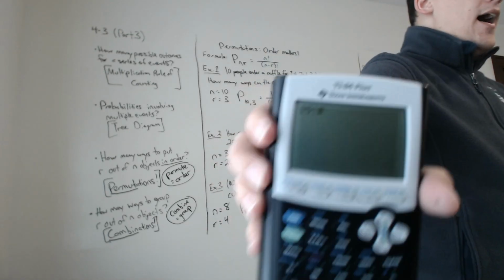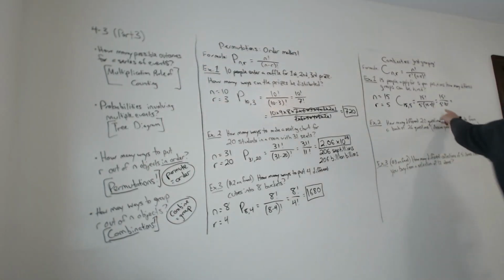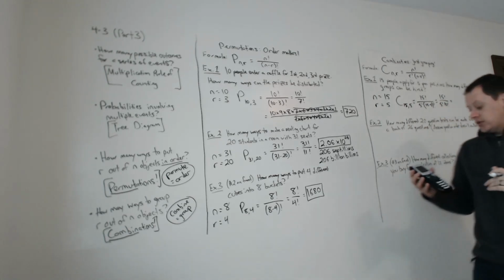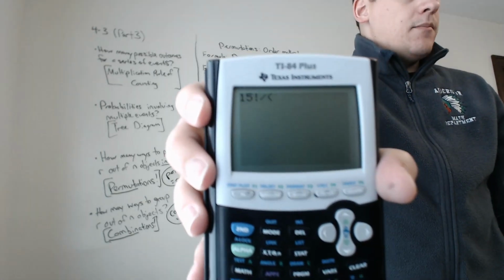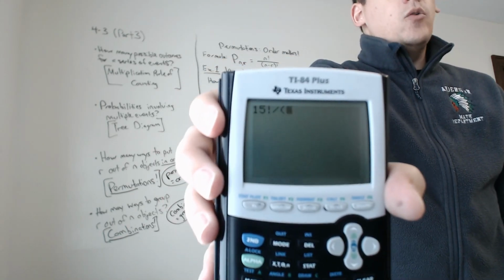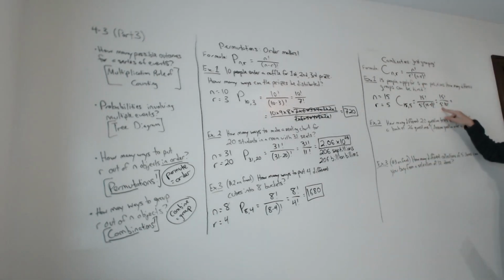And I'm going to divide by these two things multiplied together, 5 factorial and 10 factorial. Before you type that 5, you're going to want to type a parenthesis. Otherwise, your calculator is going to follow the order of operations and do 15 factorial divided by 5 factorial, and then take its answer and multiply it by 10 factorial.